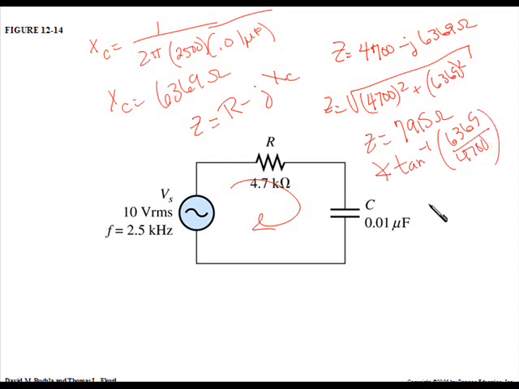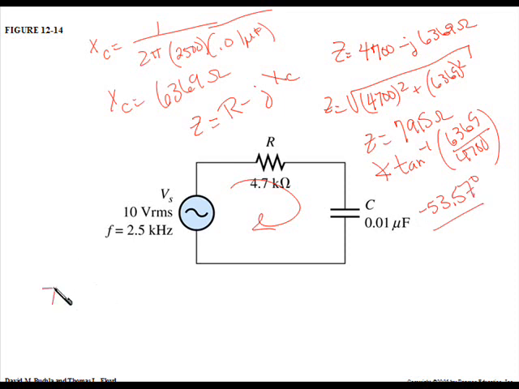So I do 6369 divided by 4700 equals, second function inverse tangent, equals a negative 53.57 degrees, and it's a negative angle again because it's minus JXC and it's a capacitor.